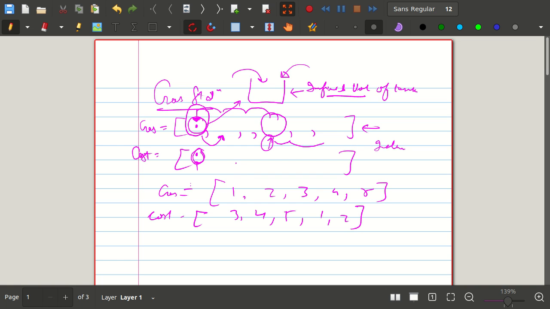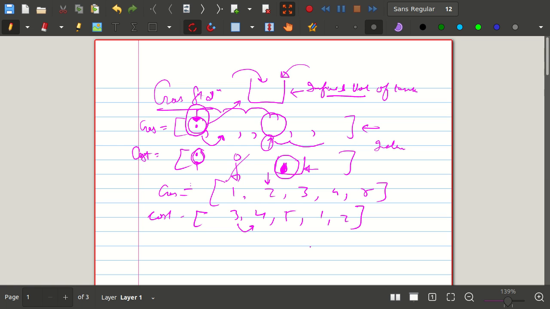If we start with index 0, then we can fill our tank with one amount of gas, but the cost to move to the next index is 3. We have insufficient capacity inside our tank, so we cannot move from 0 to 1, so we cannot move from the 0th index.